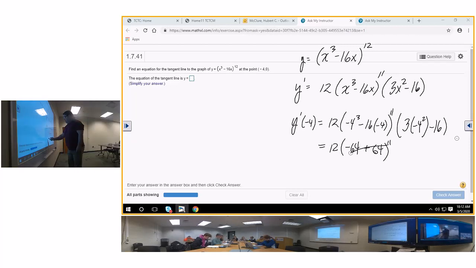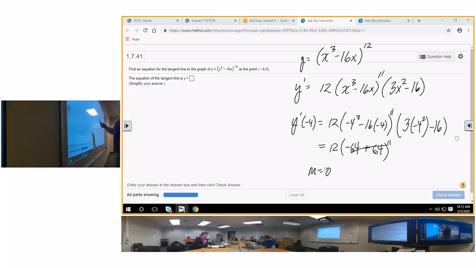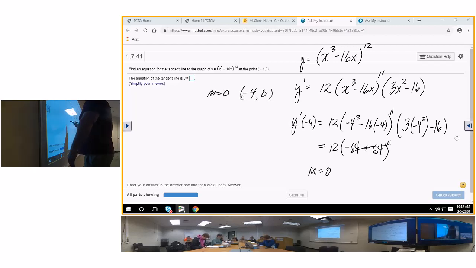So m is equal to 0, and that's going to take out, so it's going to be a horizontal line. So m is equal to 0 at -4, 0. Y minus 0 is equal to 0 times x minus a -4. Well, 0 takes all that out.